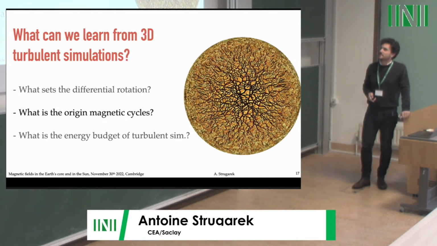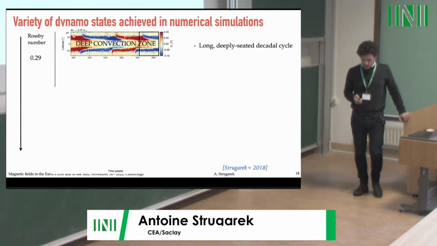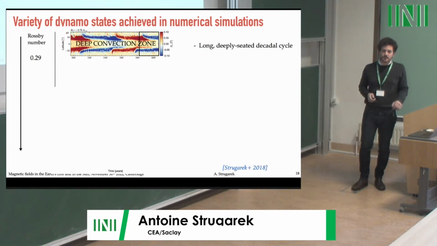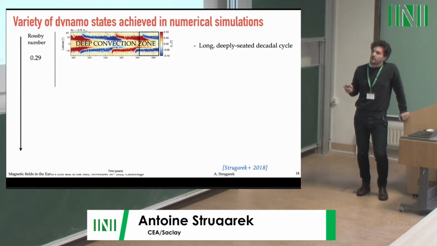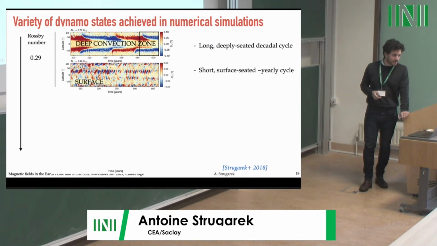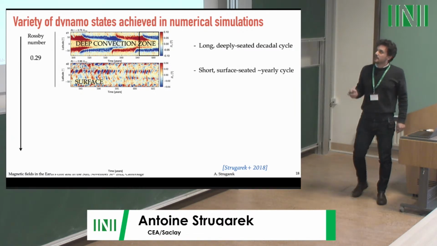So let me talk about cycles in these models. What do we find? We find something that is coherent between those two sets of simulations, and I will use figures from both sets to illustrate that. When you have a small Rossby number, typically you can find two types of magnetic cycles in these simulations.